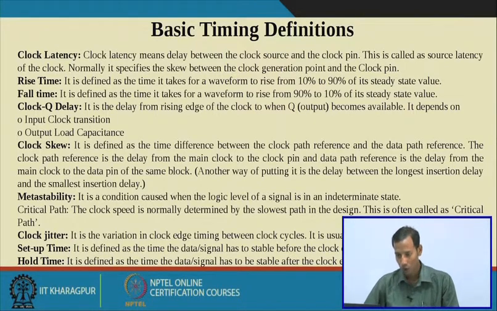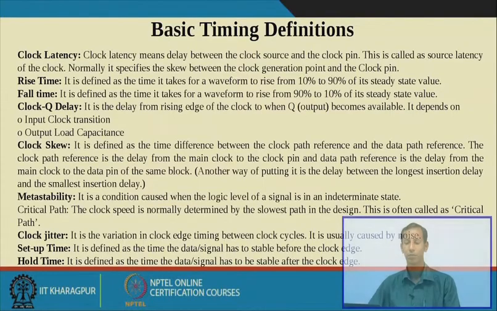So there will be a delay between the clock pulse at the source and the clock arriving at the data pin, so there will be a skew.